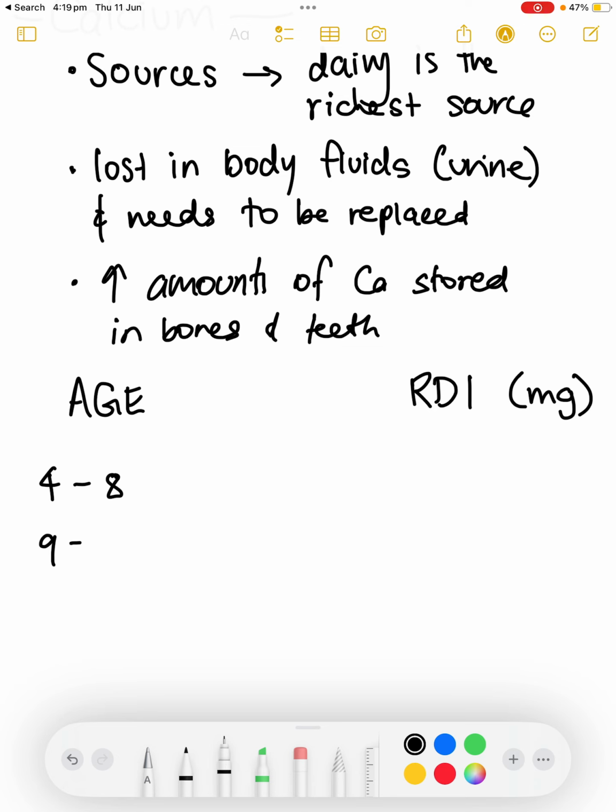We'll go 9 to 12, sorry, it should be 9 to 12. And let's go with 14 to 18 and 19 to 50 and 50 plus.